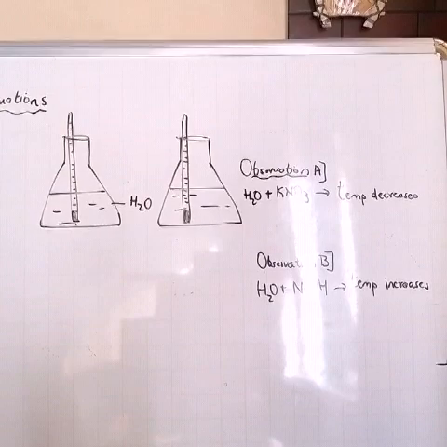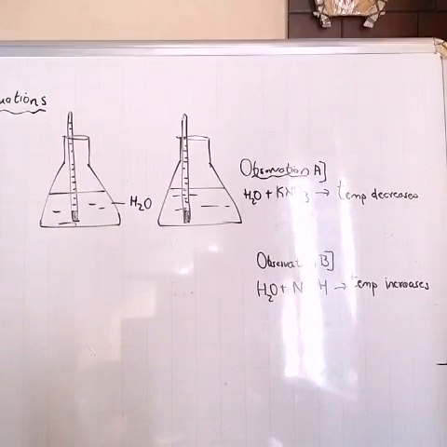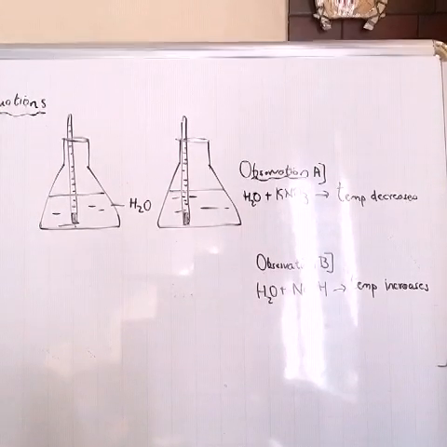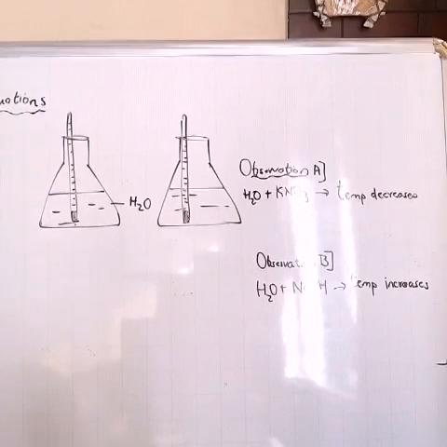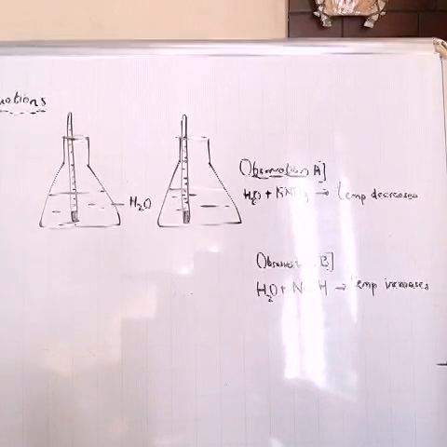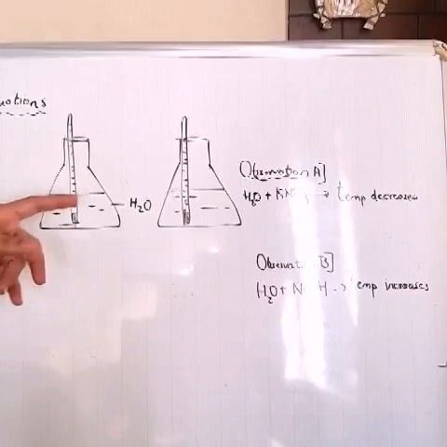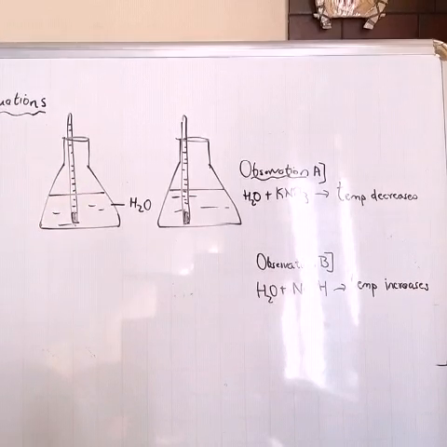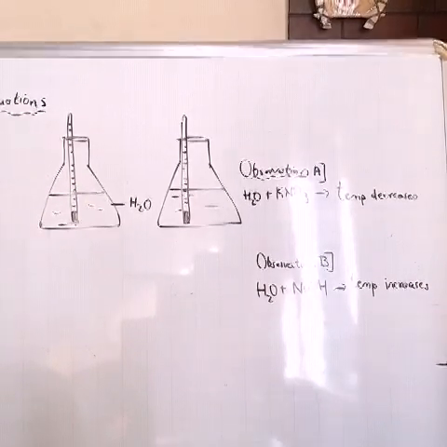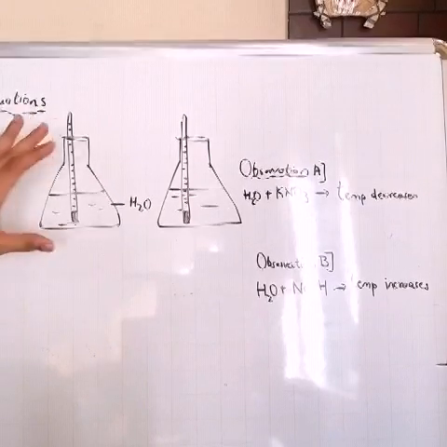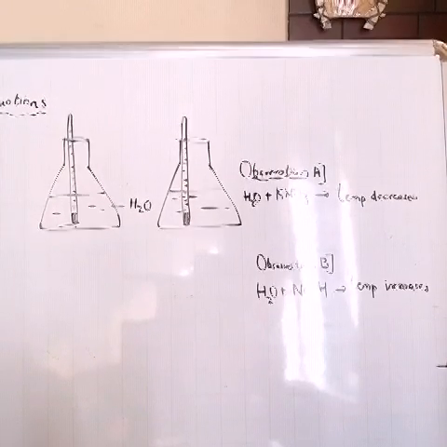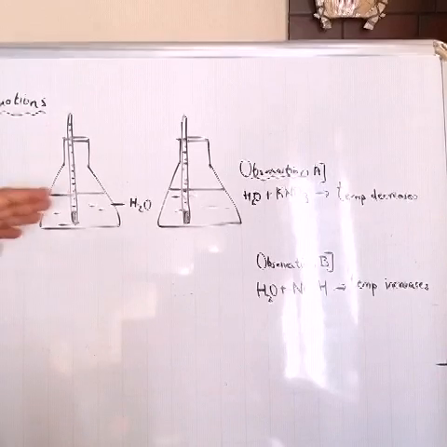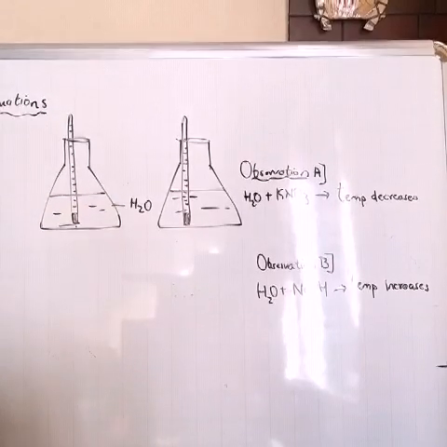Now there are two activities we have to understand, very simple activities. There is one flask or a beaker containing water. We note down the temperature of the water, room temperature, 30 or 35 degrees. The amount of water taken is 10 ml.